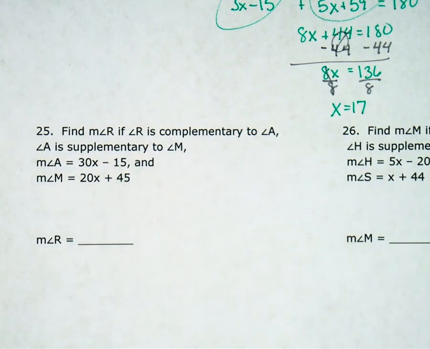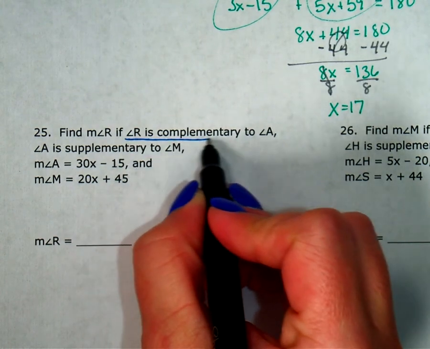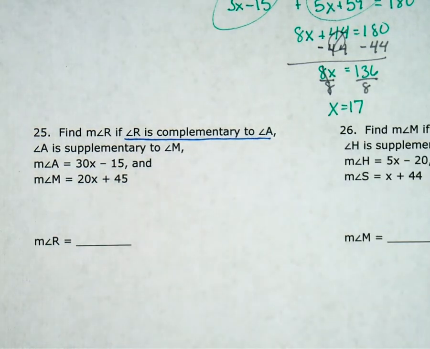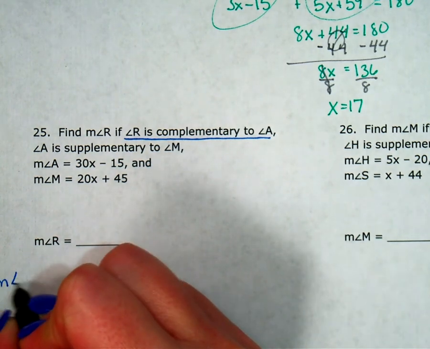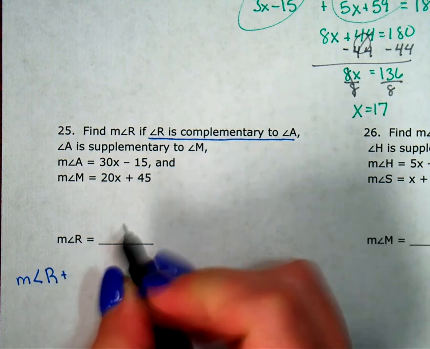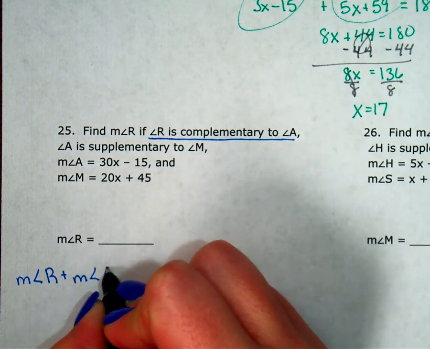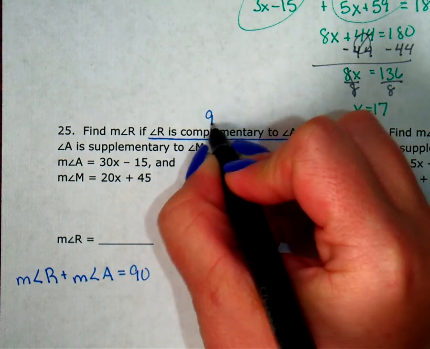Okay? All right, so when we look at this, the first thing I'm going to write down is what I've learned from this little sentence. R is complementary to A. That means the measure of angle R plus the measure of angle A is equal to 90 for complementary.